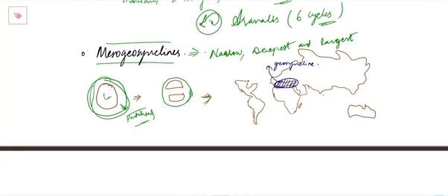So this land mass got broken down, and both the land masses moved apart, one to the northern pole and the other to the southern pole. So this is what happened, and in the following condition there is a formation of continents which we are seeing today.